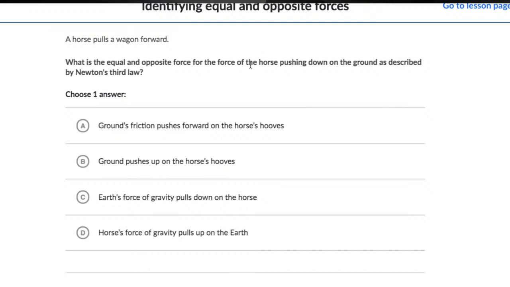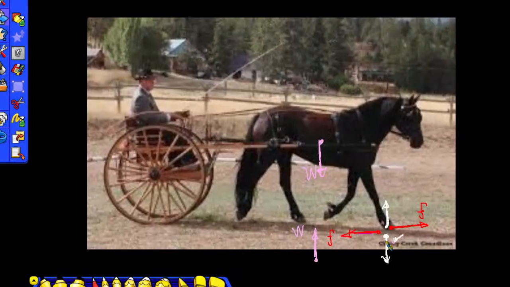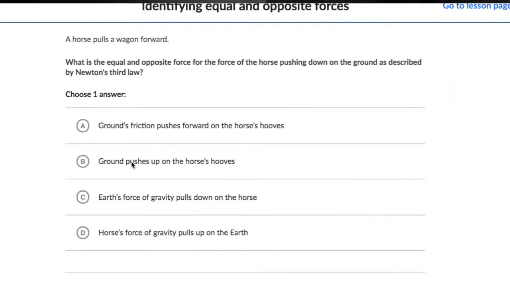So this is the force of the horse pushing down, and this red force is pushing back. The horse is pushing down on the ground, and the horse is pushing back on the ground. So the normal reaction of the pushing down force will act in the upward direction. I hope you understand. These are basically practical and technical questions, and very good questions. So the answer will be: ground pushes the horse hoof.